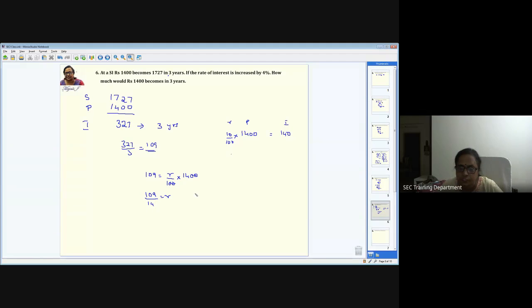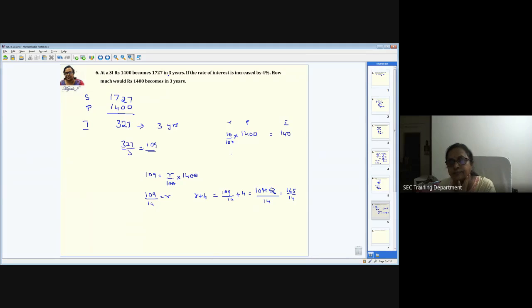And what is given here is if the rate is increased by 4%. So what you are supposed to do? 109 by 14, whatever you have, add 4% to that. So 109, 4 into 14 is 56, divided by 14. That gives 165 by 14.